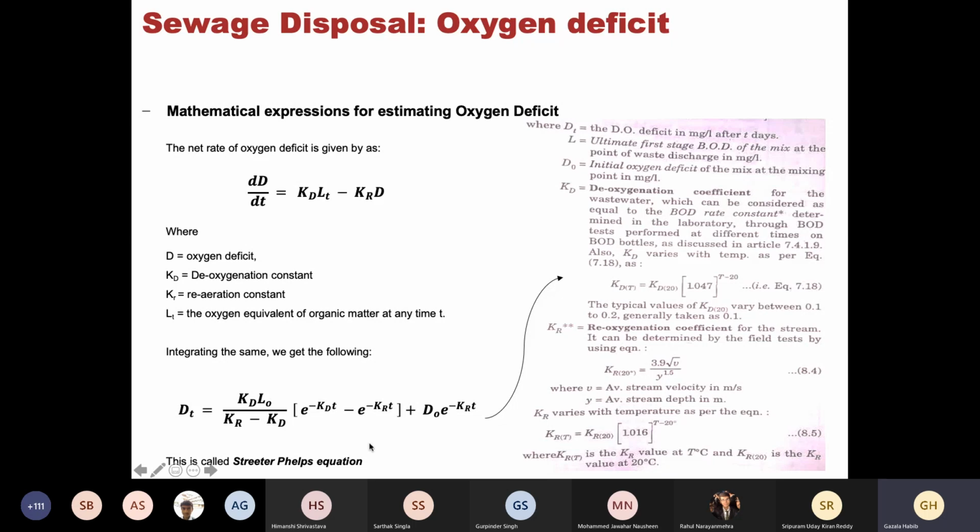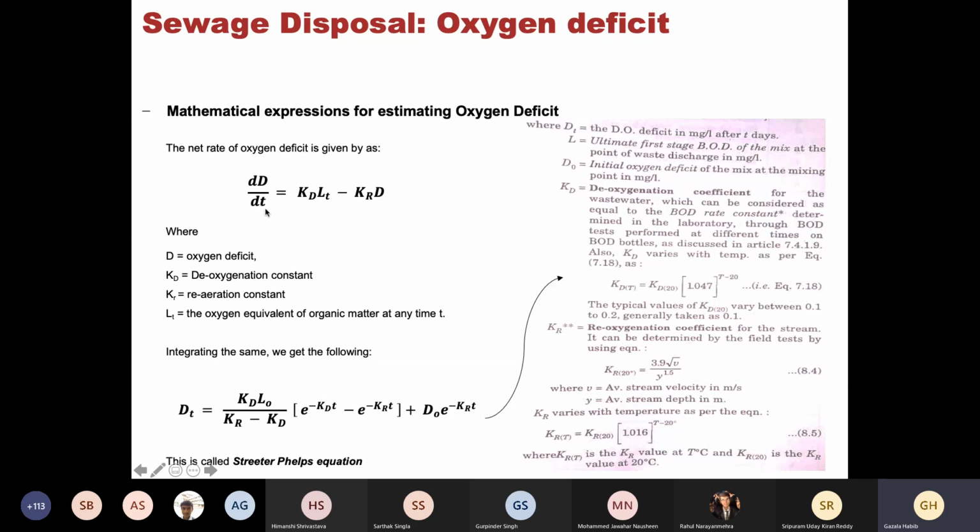That is the correct term we can use. The first equation is dD/dt equal to Kd times Lt minus Kr times D, where D is the oxygen deficit, Kd is the deoxygenation constant, Kr is the re-aeration or reoxygenation constant, and Lt is the oxygen equivalent of organic matter at any time t.